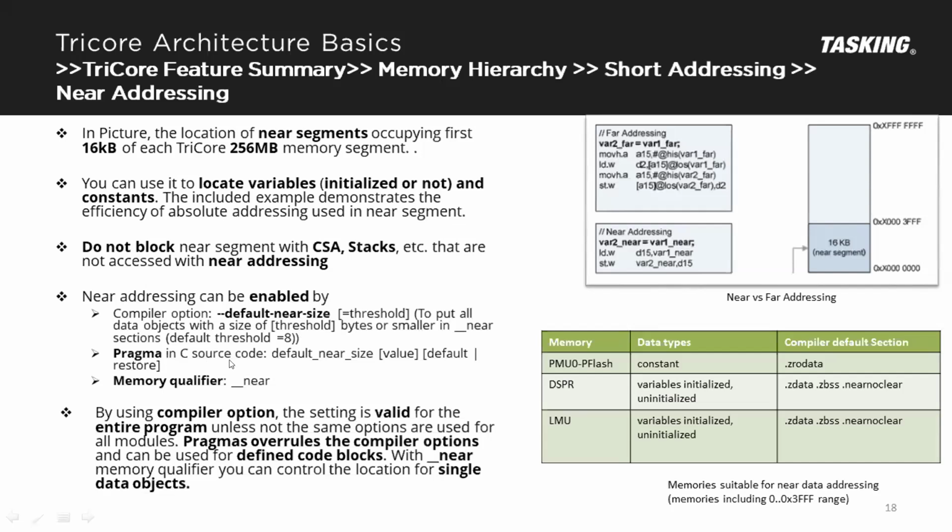And if you want to declare only a single data object and put it inside this near segment only on the scope of this data object, you could use the memory qualifier. So these are the differences between these three possibilities in order to force the data to be saved inside this near segment.